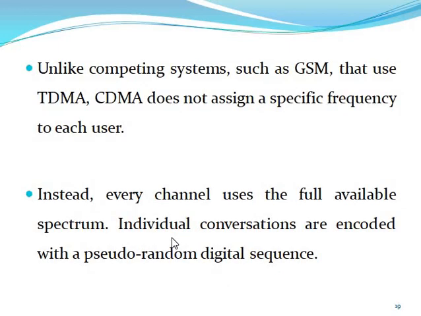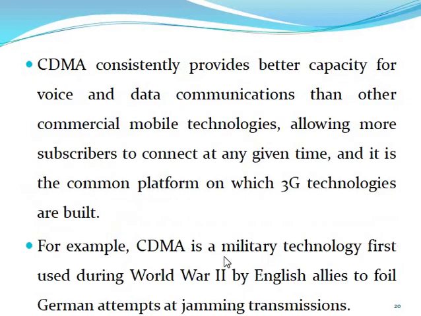In CDMA, mostly code division multiplexing, the full spectrum is available, but individually it is divided into code-based frequency. Every channel uses the full available spectrum, and individual conversations are encoded with a pseudo random digital sequence. CDMA is used for 3G technology.